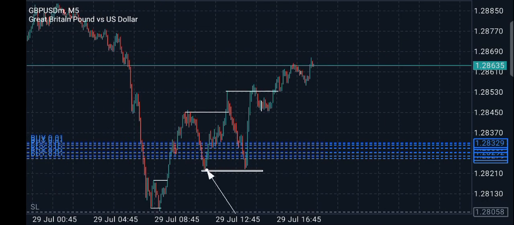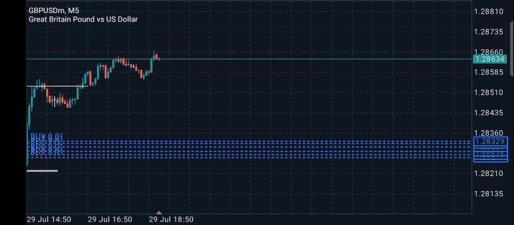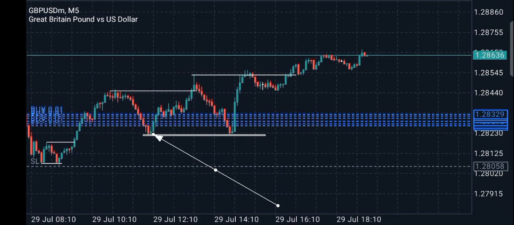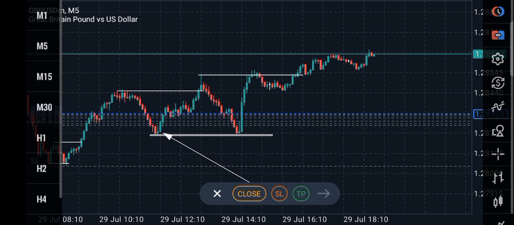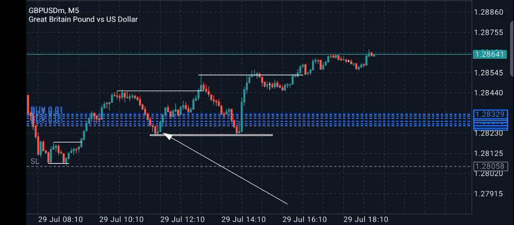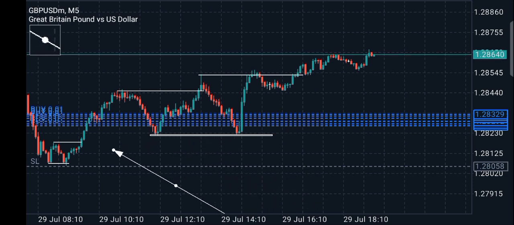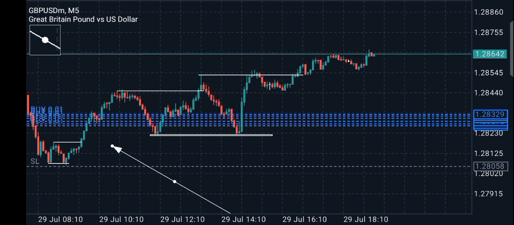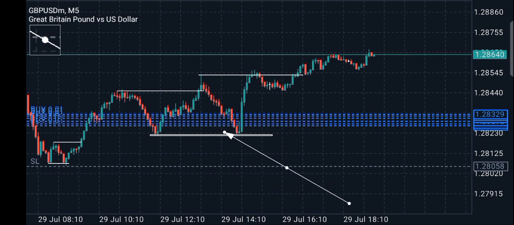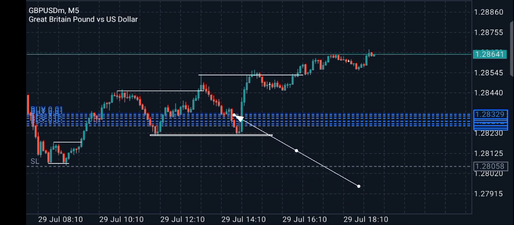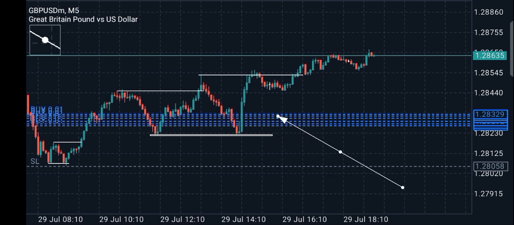I was actually watching it on the 5 minutes, so you can see this order block here. So when I was watching this trade, I was expecting price to take out this OB, like sweep the liquidity. So I brought my break even down here, like I locked my profit below this point, and price took me out. So when price took me out, in the process of entering another trade here, I took multiple trades.